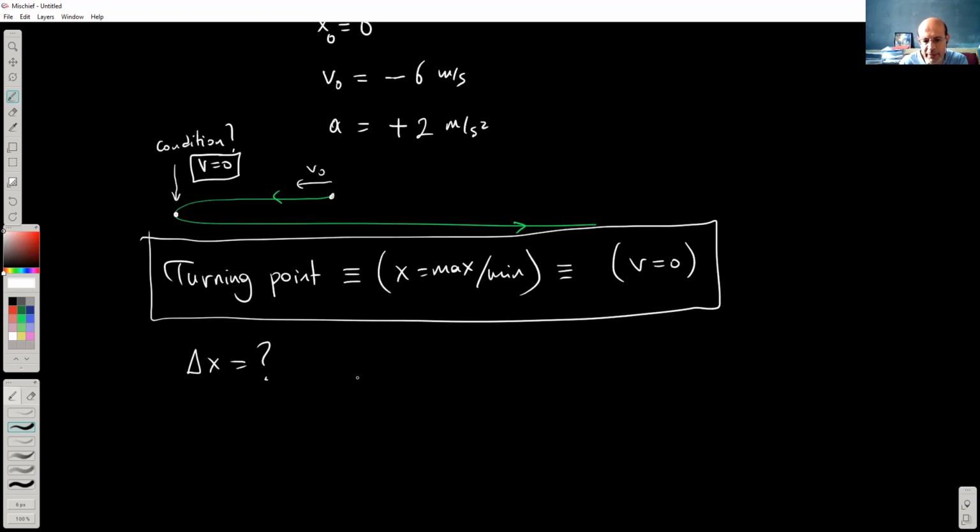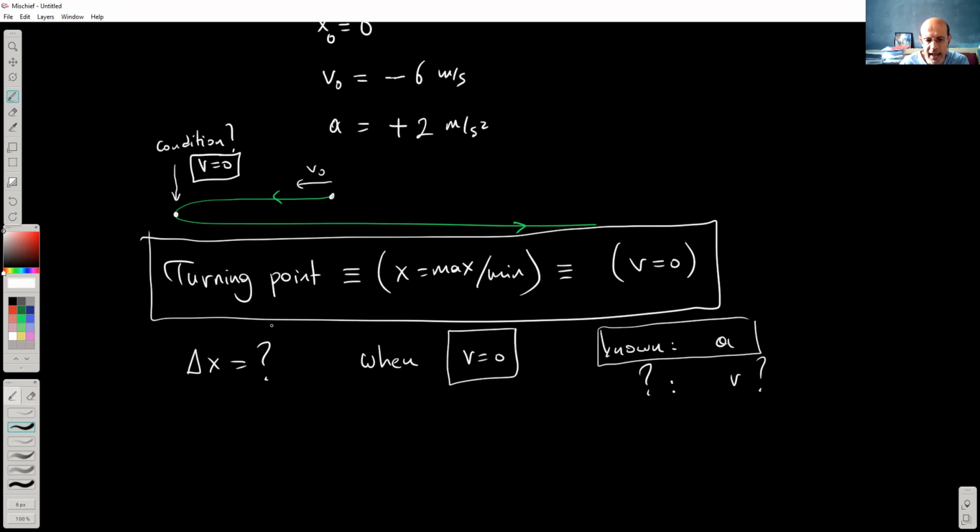What's the displacement when the velocity is equal to 0? So what is known? I know the acceleration. Do I know the final velocity? No, I don't. Sorry, I know the final velocity, and I need to find delta x, right?